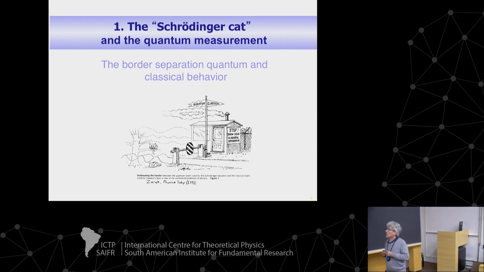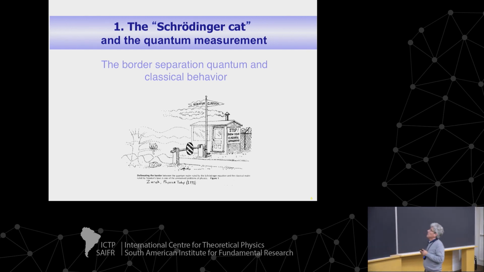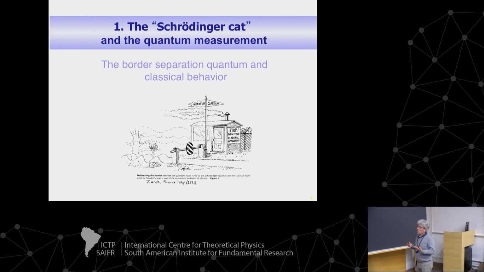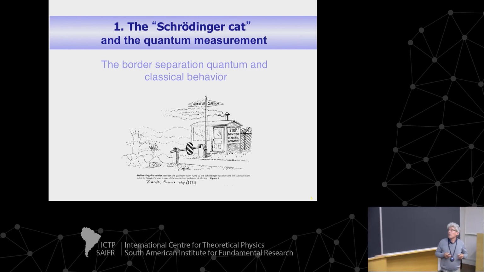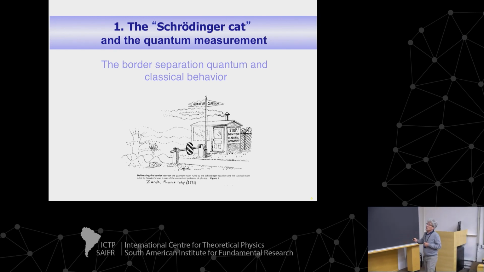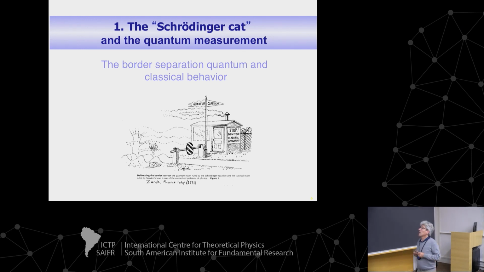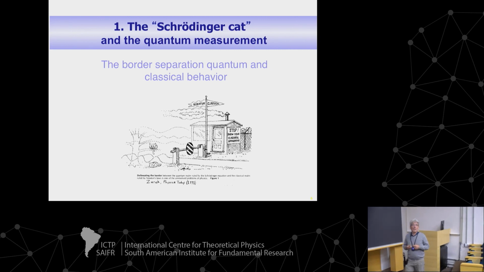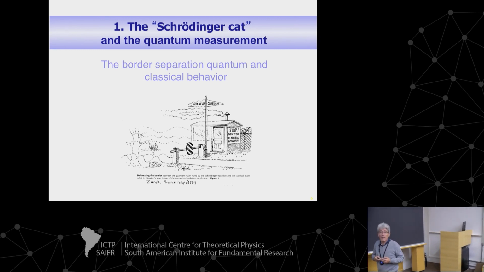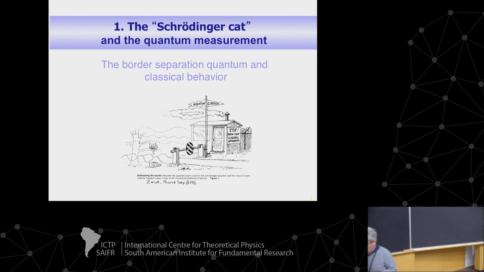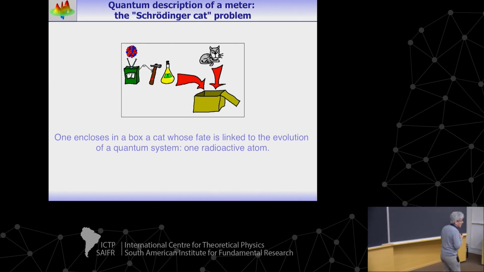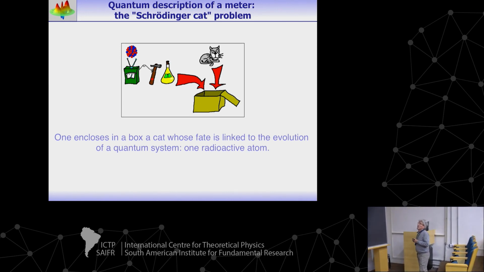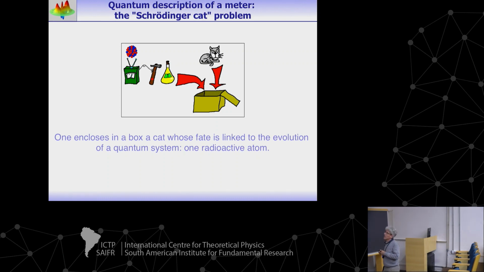I would like very much to mention his name because he played a prominent role in the introduction and in the formalization of the role of environment in a quantum measurement, which has to do with the transition between the quantum world, where in principle cats may be at the same time in a superposition state of dead and alive, and the classical world where everybody knows without even learning physics that cats are either alive or dead, but not both.